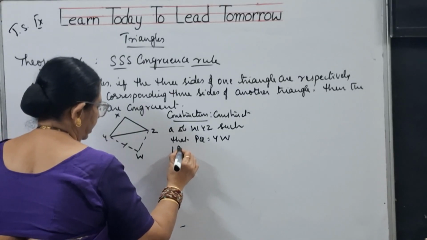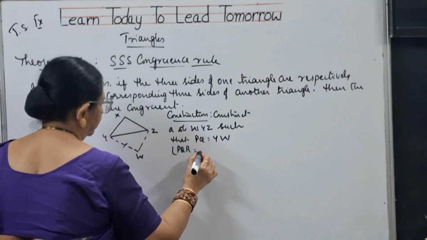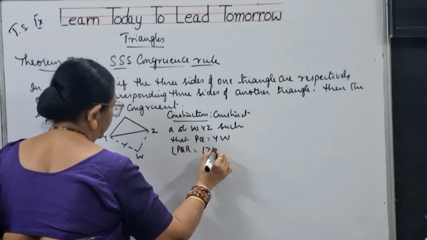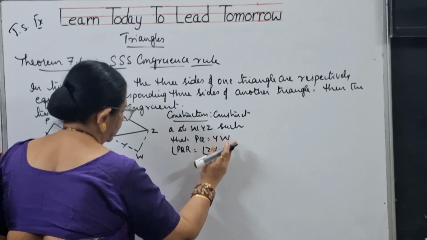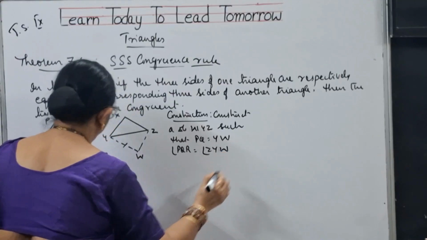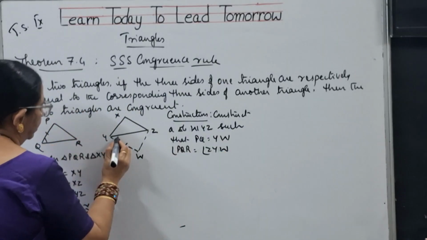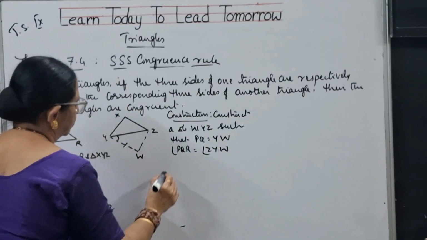Angle PQR is equal to angle ZYW. Angle ZYW means this angle is equal to this angle.